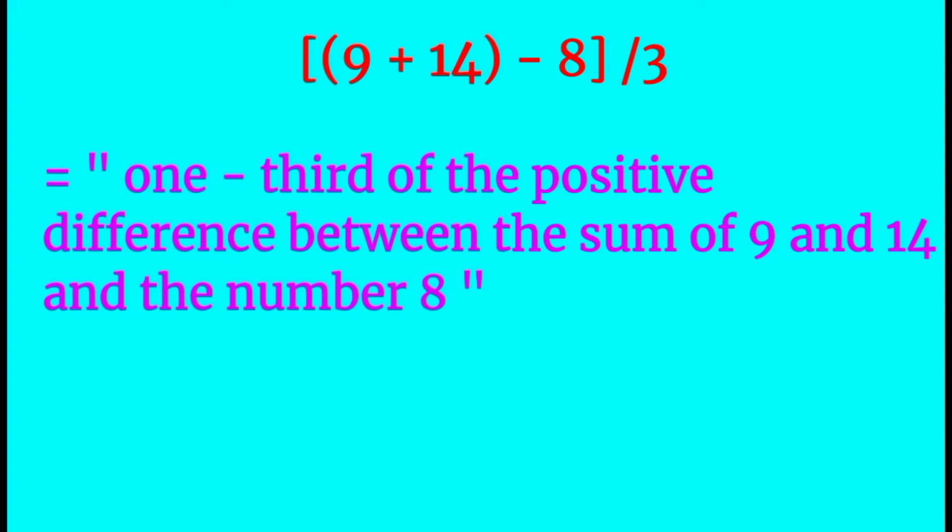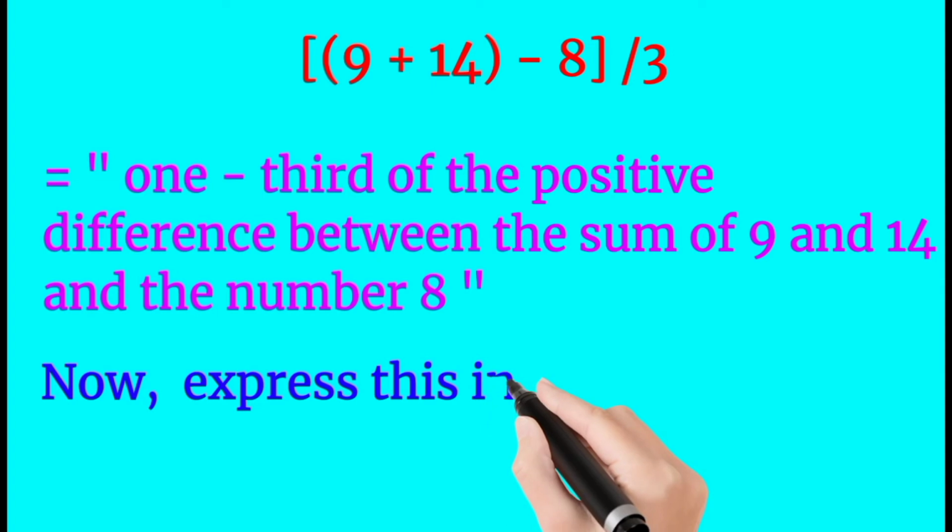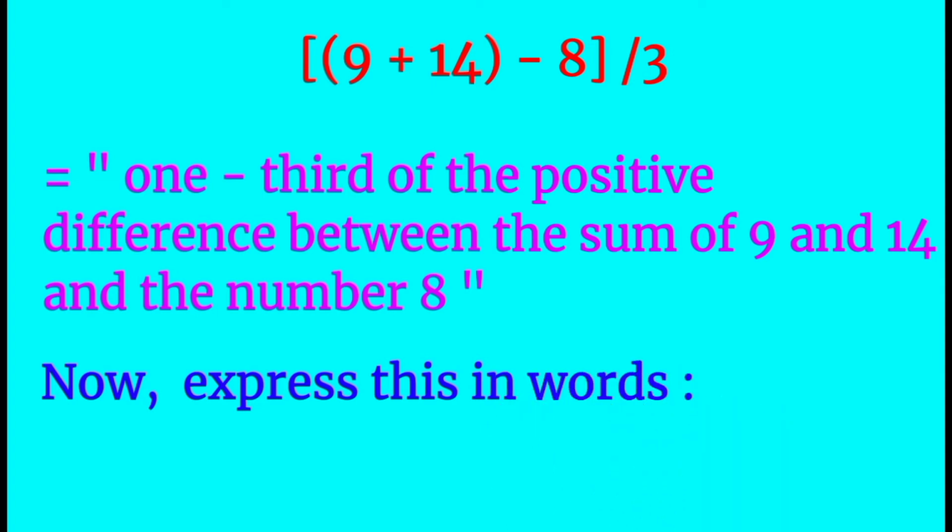I repeat, 1/3 of the positive difference between the sum of 9 and 14 and the number 8. I need you to try this particular one. It says express this in words: bracket 5 times 11 plus 9 all over 4.